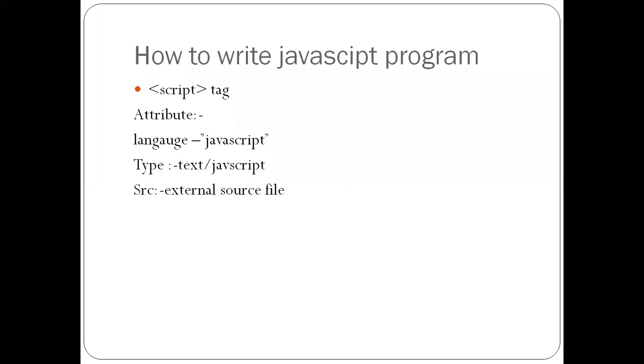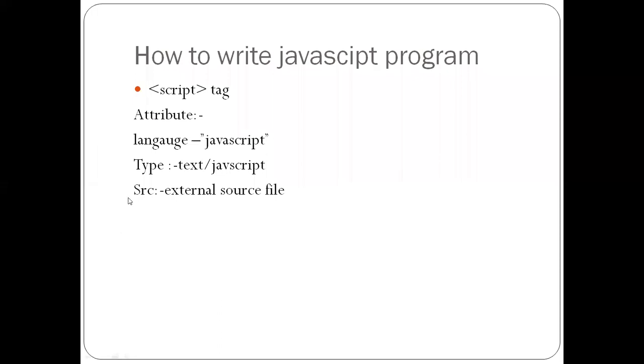It is a pair tag. Pair tag means start and end tag. Like the br tag has no pair tag, the img tag has no pair tag. So here the script tag has a pair tag. The script tag is used to insert JavaScript in HTML. There are three attributes: language, type, and src.